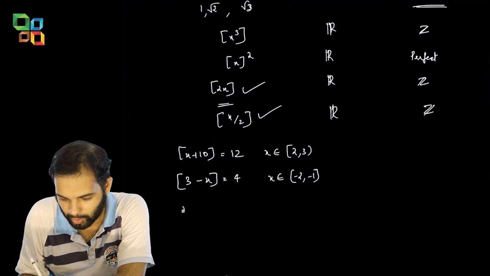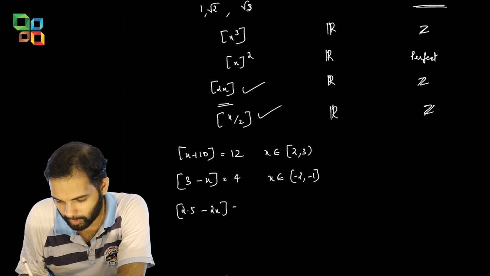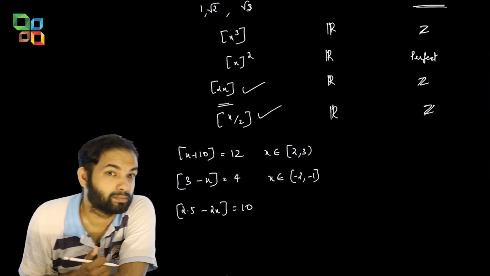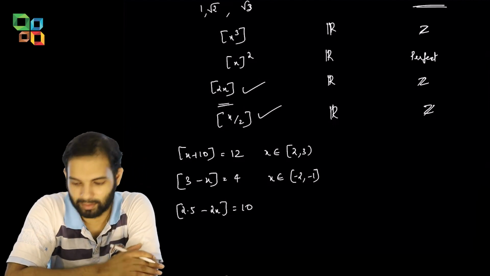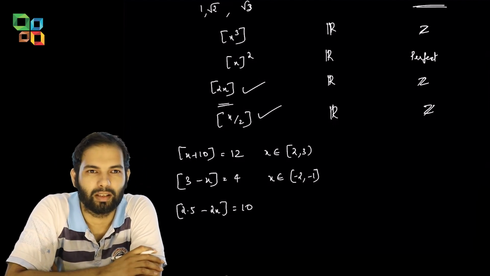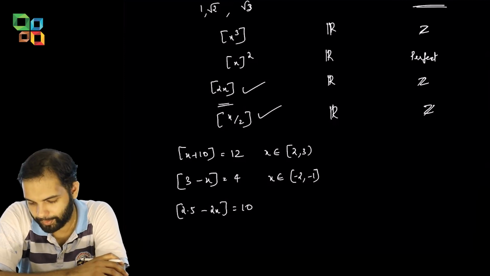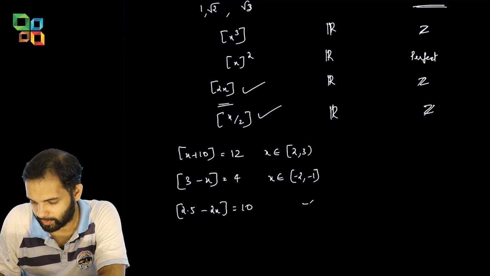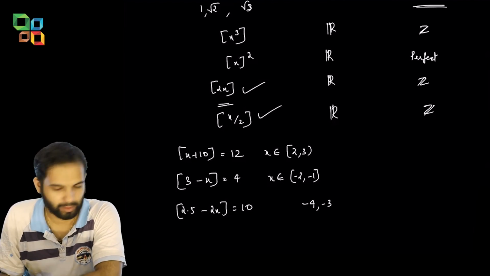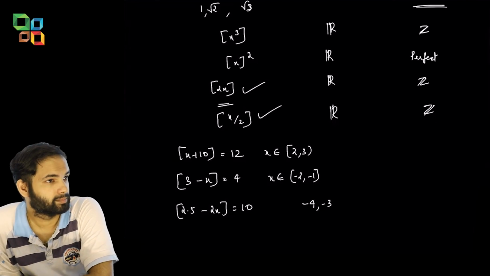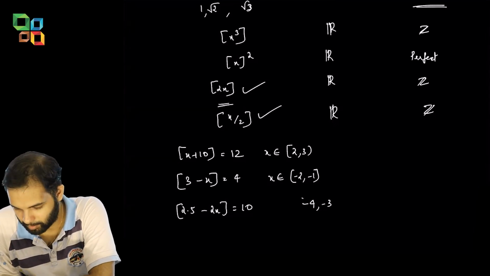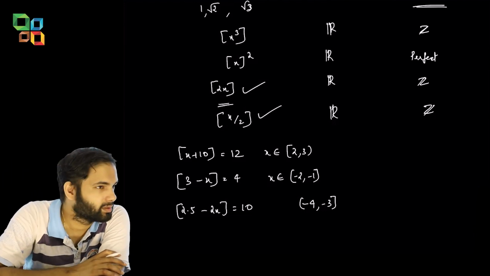Okay, what about 2.5 minus 2x equal to 10? No, certainly not. It will be negative, no? Minus 4 to minus 3, including both, or what is the point? Not including minus 4. Okay. So minus 3, it is 6. No, it's not working.